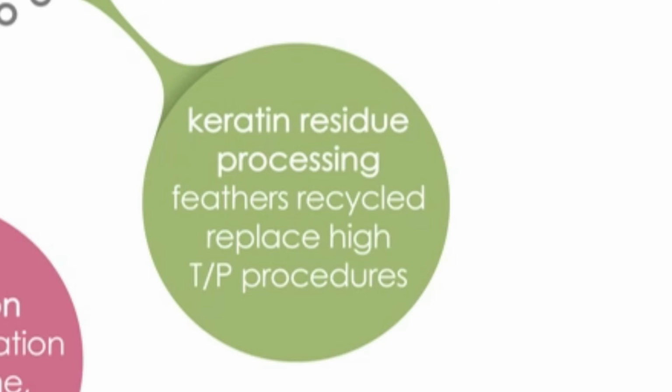It used to be that a very high temperature and pressure process was required. Now they add keratinases, which chew that up into proteins, which can then be utilized as protein supplements.